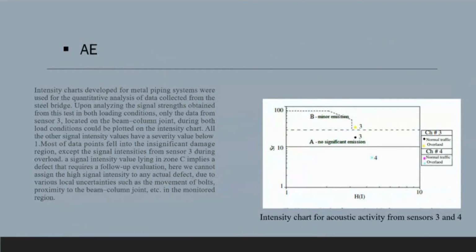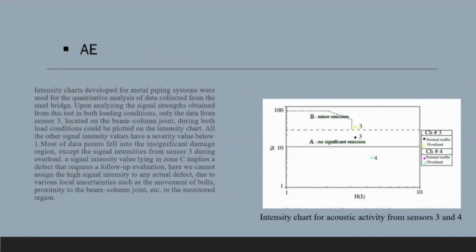For AE, intensity charts developed for metal piping systems were used for the quantitative analysis of data collected from the steel bridge. Upon analyzing the signal strengths obtained from this test in both loading conditions, only the data from sensor 3, located on the beam column joint, during both load conditions could be plotted on the intensity chart.